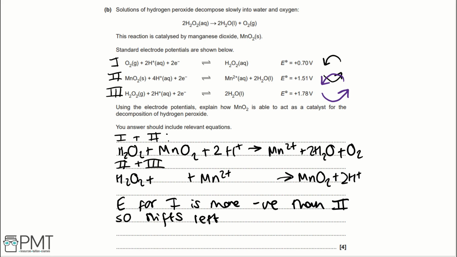And then to answer the rest of the question, how MnO2 acts as a catalyst, we can say that MnO2 is regenerated. And that is enough to get our 4 marks for this question. You get a mark for each of your equations, a mark for referring to electrode potentials and how they shift, and then a mark for saying that MnO2 is regenerated, which means that it's able to act as a catalyst.